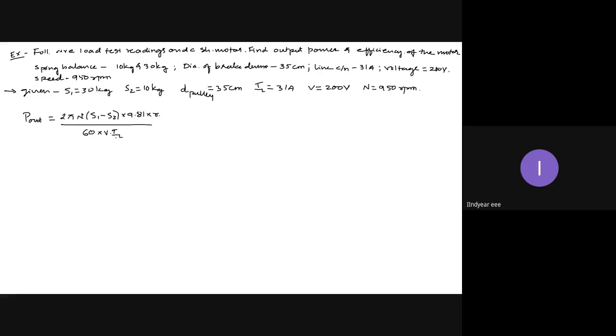From the diameter of the pulley, I can calculate the circumference of the pulley, or brake drum, which is pi d.